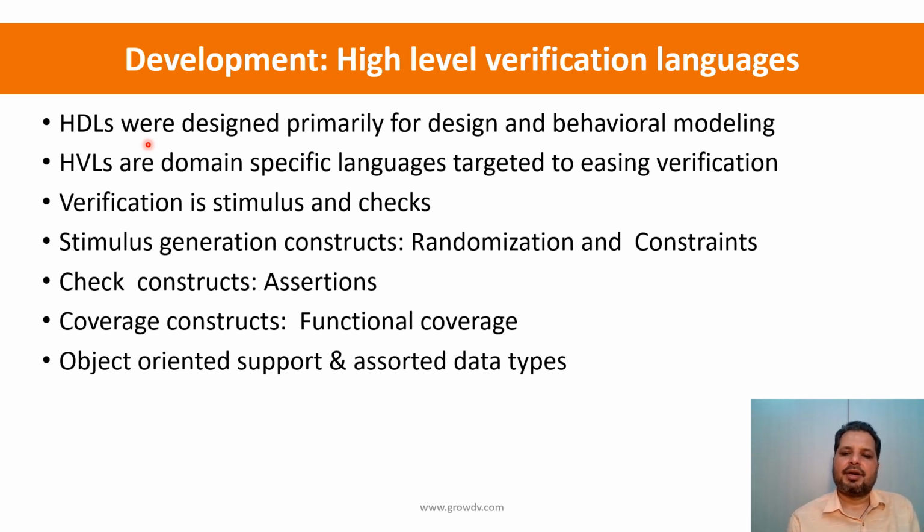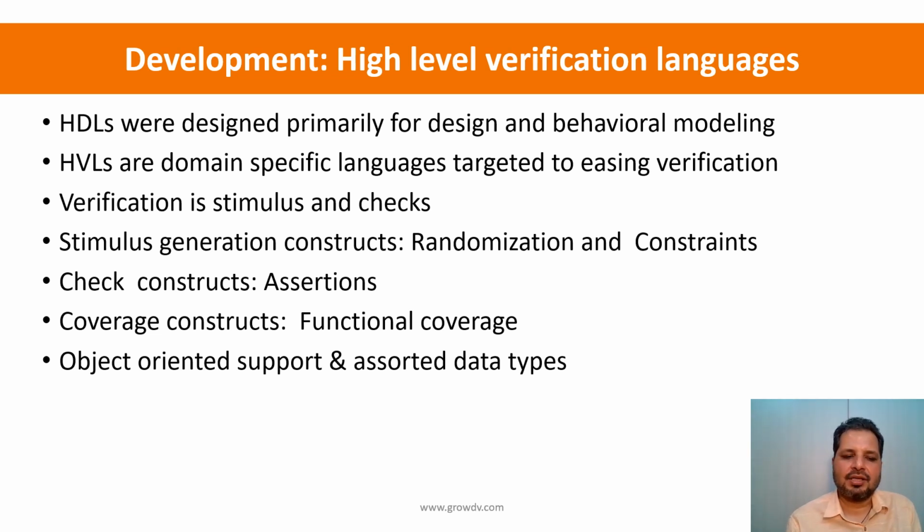And as we have looked at, verification is all about generating stimulus and checks. So if we look closely, the HVLs provide special constructs to do that. For handling the randomization, there is a construct called constraints, and constraints enable you to generate pseudo random behavior, because you don't want pure random.